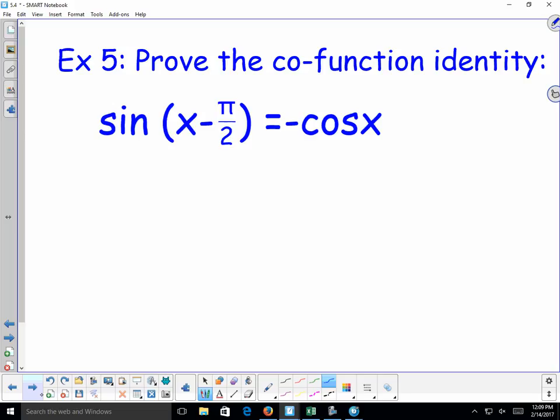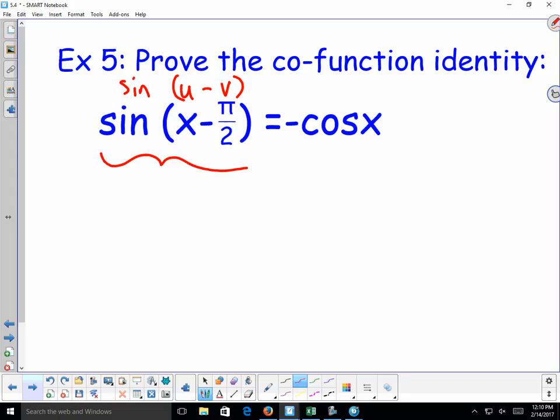So we're just trying to prove that this identity is accurate. So in order to do that, let's rewrite this left side, calling x as our u and pi over 2 as our v. So think of this as like sine of u minus v. So we're going to use which formula? 1, 2, 3, or 4?